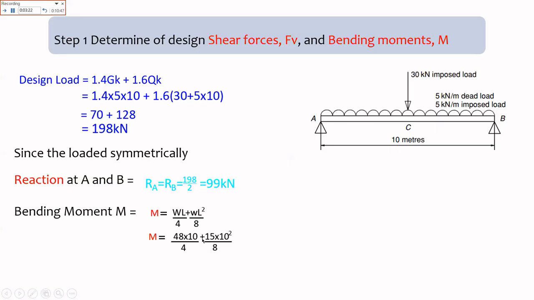If you add the two, you get 15. Times 10 squared divided by 8. So for that, you'll get 120 plus 187.5, and the total bending moment is 307.5 kNm.